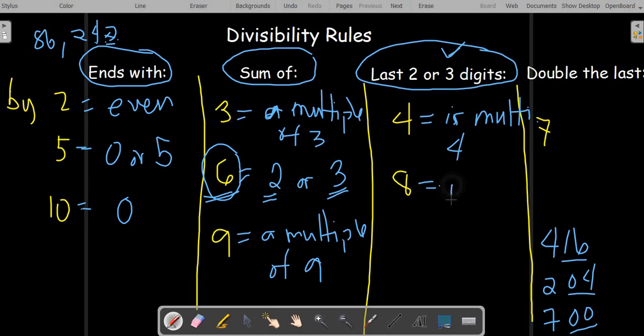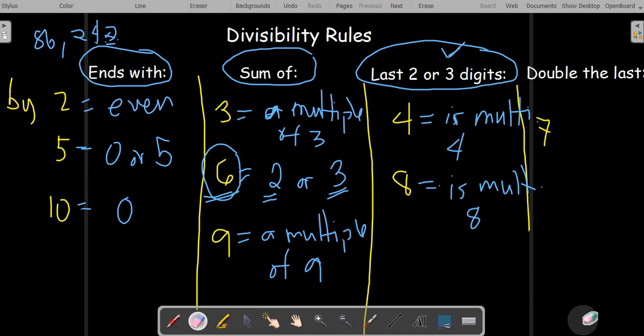If the last 3 digits are a multiple of 8, take for example 7016. 016 is the last 3 digits, and it is read as 16, and 16 is a multiple of 8.